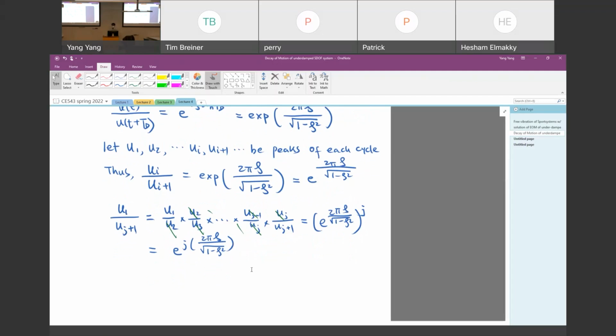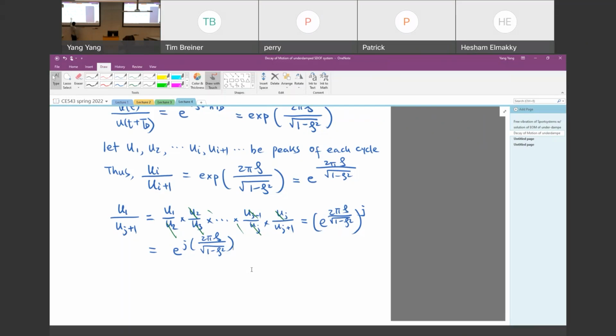Does this make sense? So initially we figured out the ratio between the two adjacent peaks. Now we would like to know the ratio between the first peak and the J plus 1 peak.